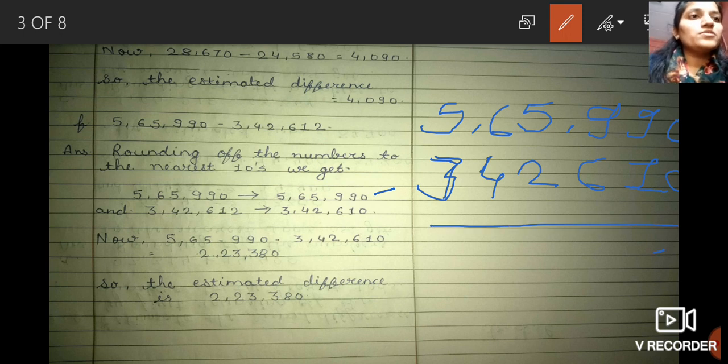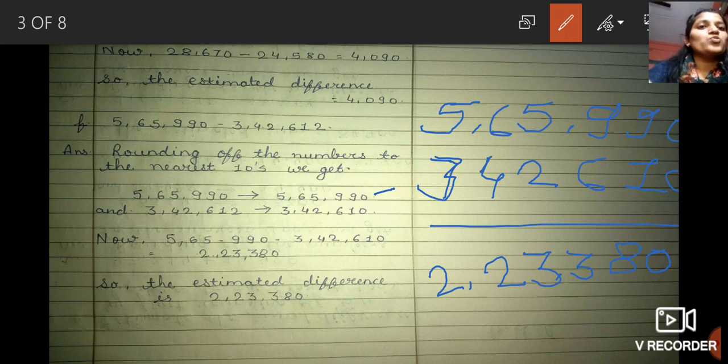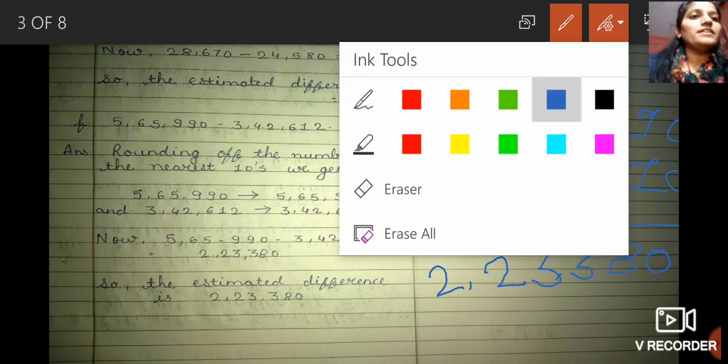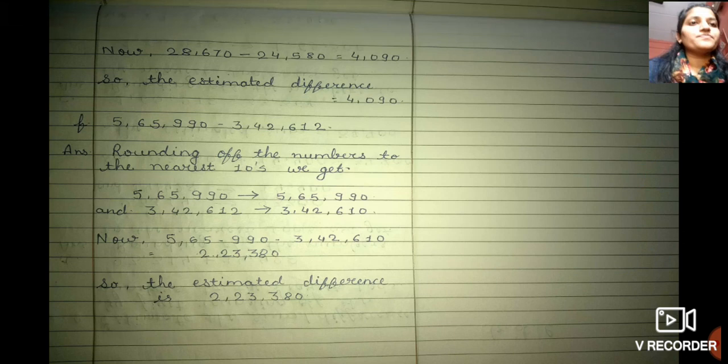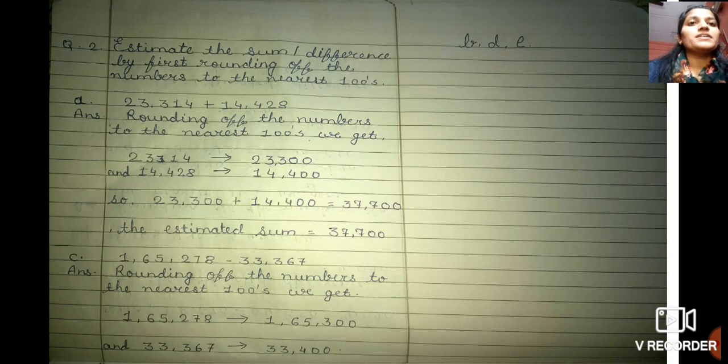So 0 minus 0, 0. 9 minus 1, 8. 9 minus 6, 3. Okay, 5 minus 2, 3. 6 minus 4, 2. This is 5. And 5 minus 3, 2. So our answer is 2,23,380. Okay, estimated difference, that was the difference.